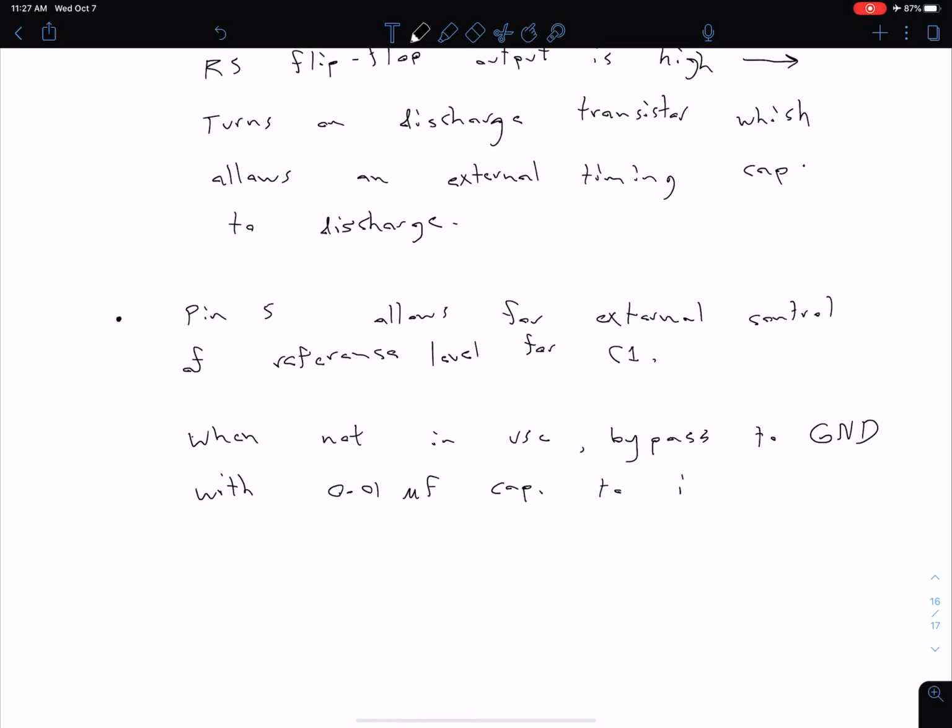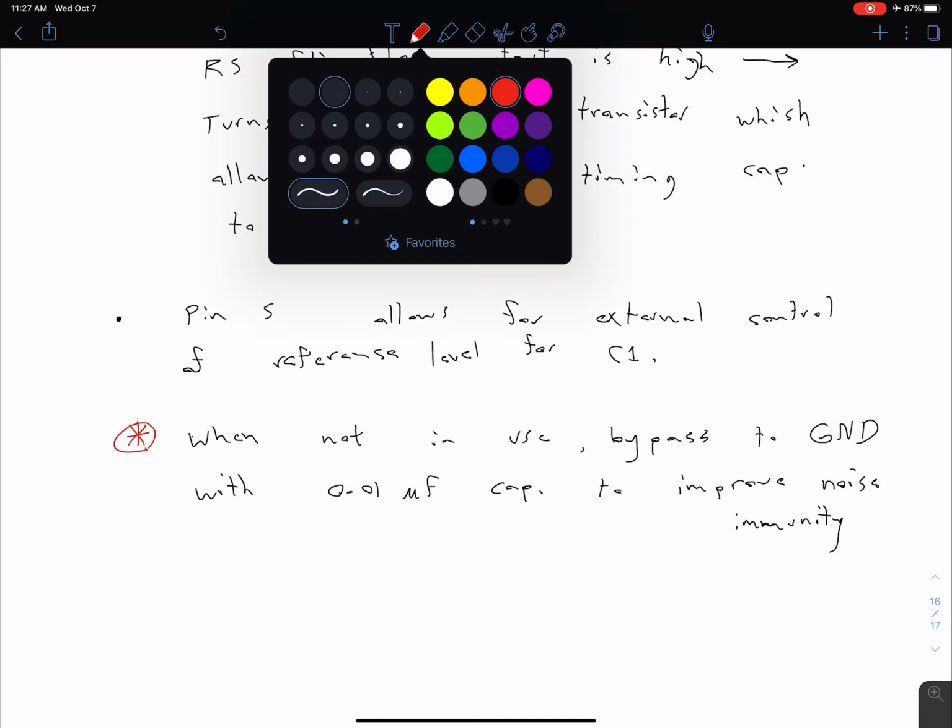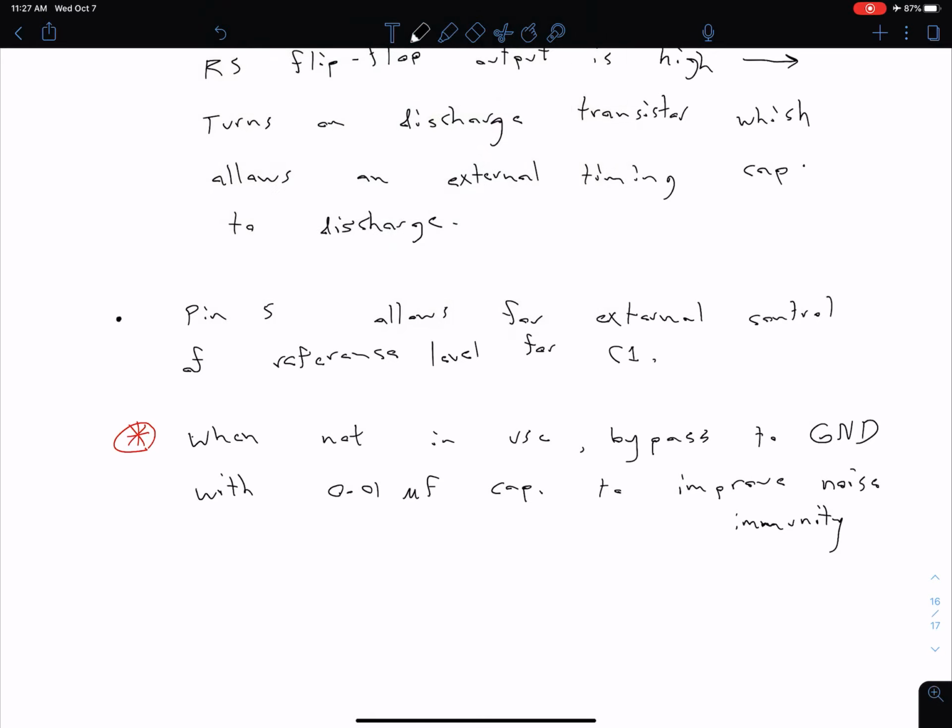And what that does is improve our noise immunity. So keep in mind as we're wiring our circuits, I don't believe I have it explicitly shown in the notes. It probably is in the lab, but if we're not using that pin 5, we want to bypass it to ground to keep from having a lot of noise.